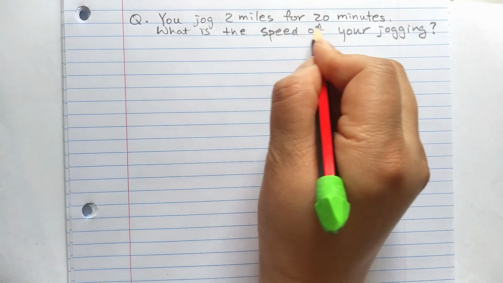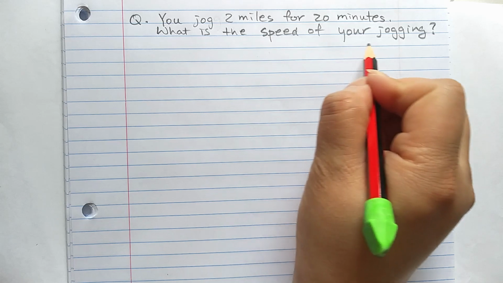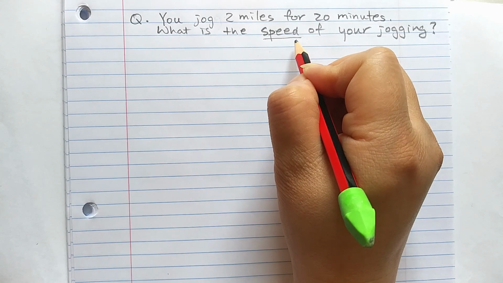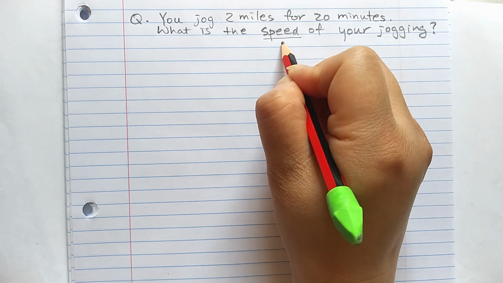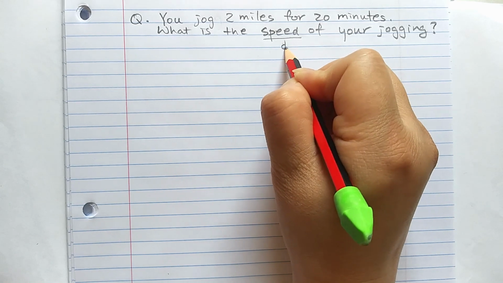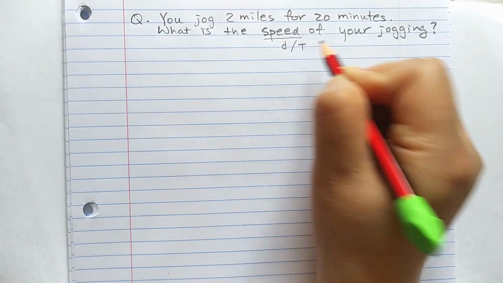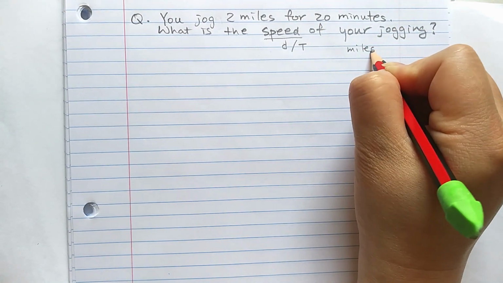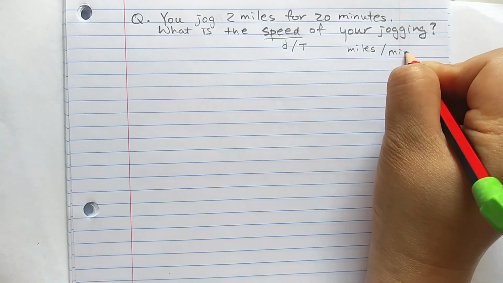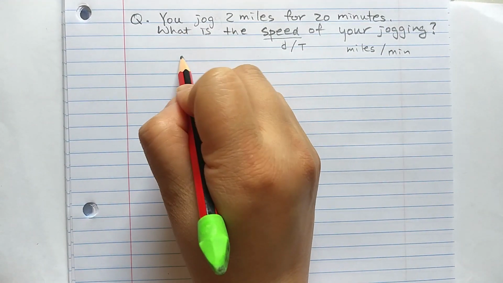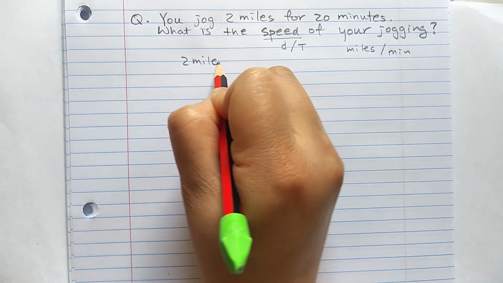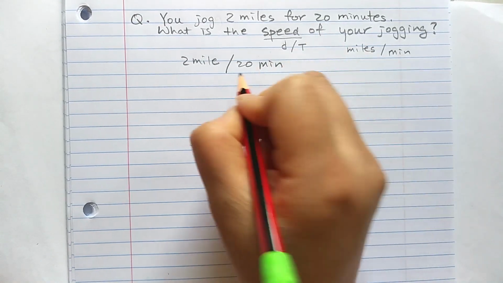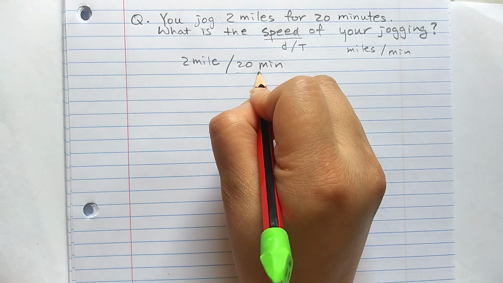You jog 2 miles for 20 minutes. What is the speed of your jogging? When you talk about speed, it is already given which number goes to which part. Speed is distance over time. So in this case, it'll be miles per minute. 2 miles per 20 minutes, and you need to reduce that to 1.